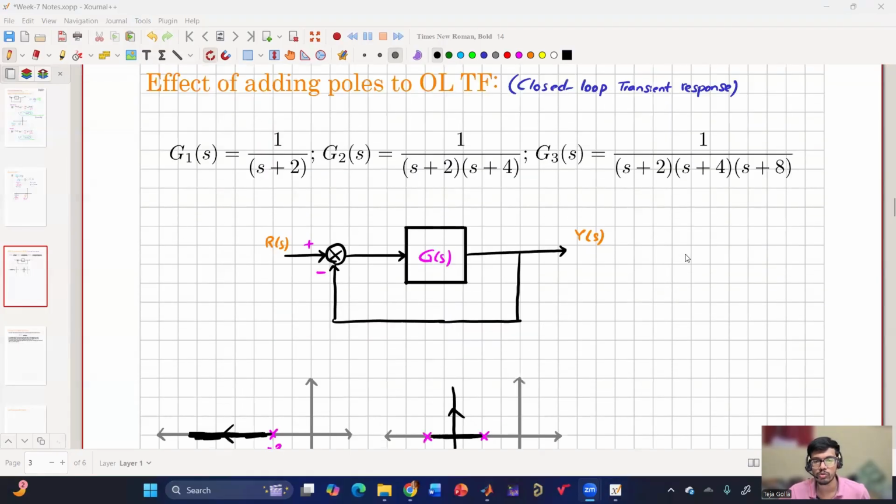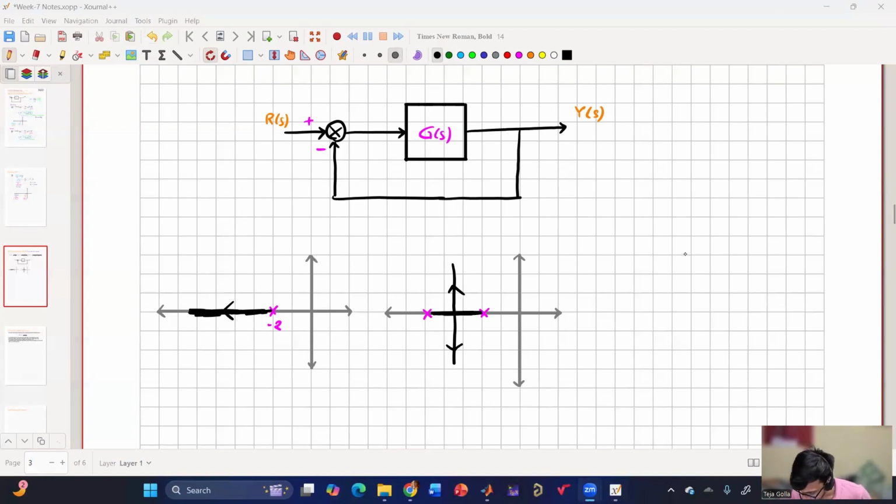Now, if you have poles at minus 2, minus 4, and minus 8, let us see how it is. The root locus lies between the first two, and then in the region left of minus 8.